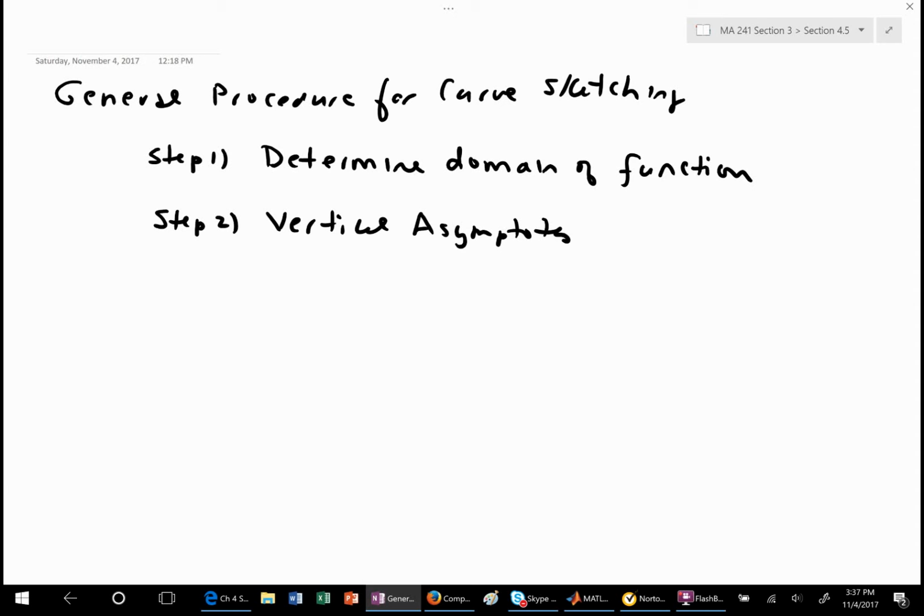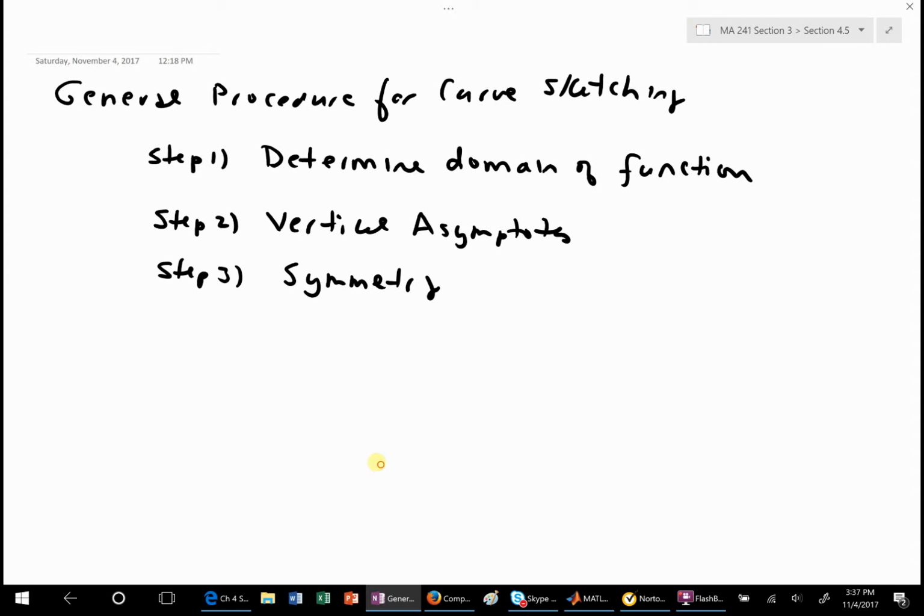It helps to look at things like symmetry, okay? What I'd like to know is, is the function odd? Is it even? If there is symmetry, is there symmetry about an axis, okay? A lot of times functions are symmetric that don't appear to be.